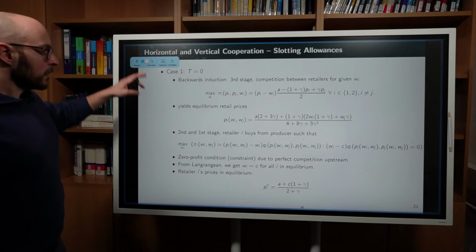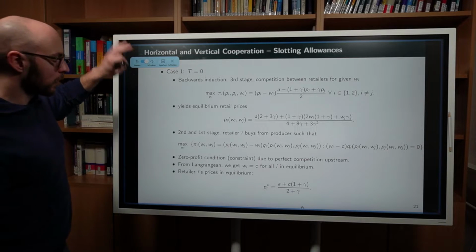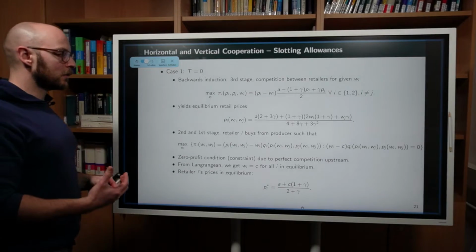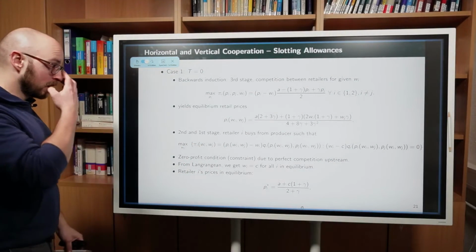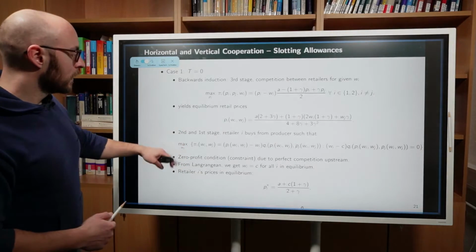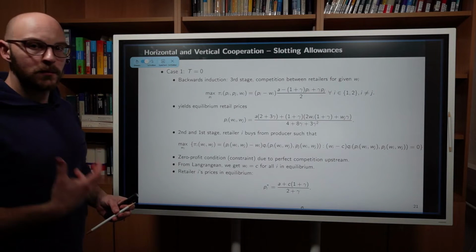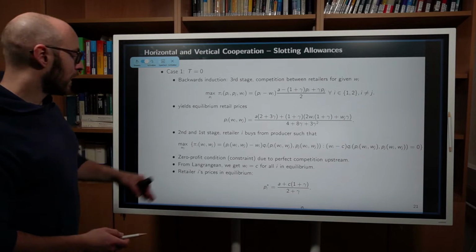Now, moving upwards to the second and the first stage, how does retailer i organize its buying? Well, retailer i buys from the producer that gives it the highest profits. So what does retailer i do?